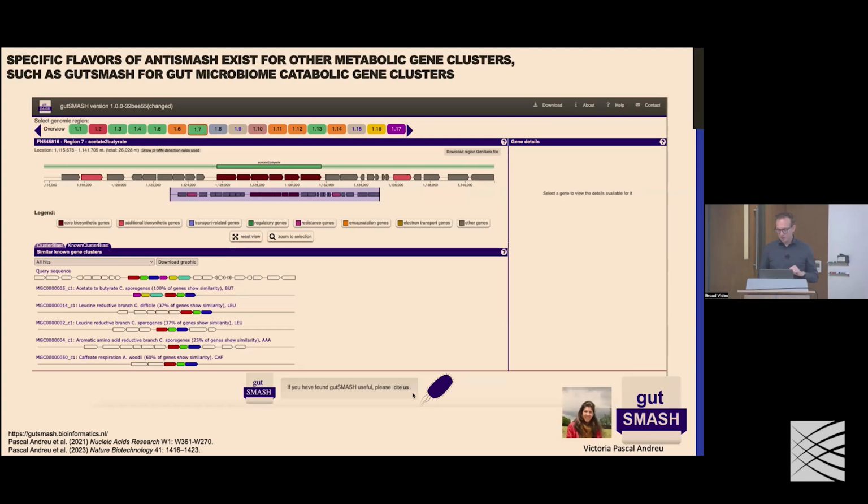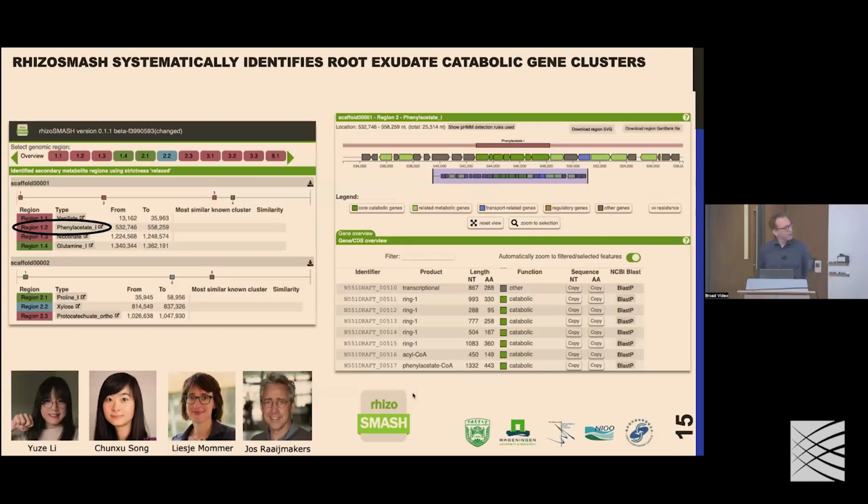In the meantime, we're also working on other flavors. For example, we've recently been building, and it's about to come out, rhizoSMASH, which is for plant microbiomes, where we look at catabolic gene clusters for the catabolism of root exudates, because plants exude 20% of their photosynthetic carbon to the rhizosphere.